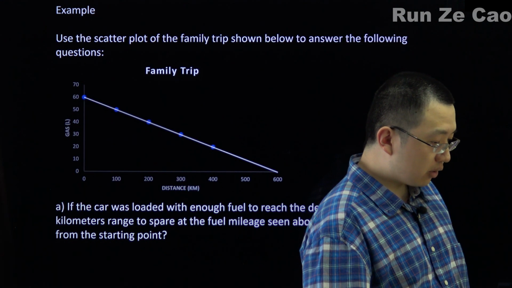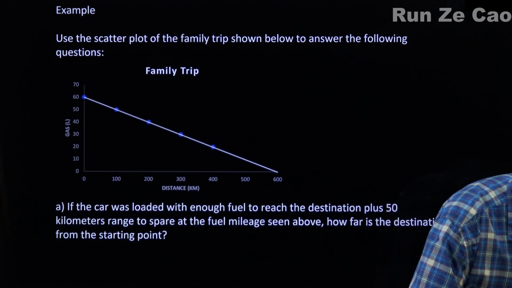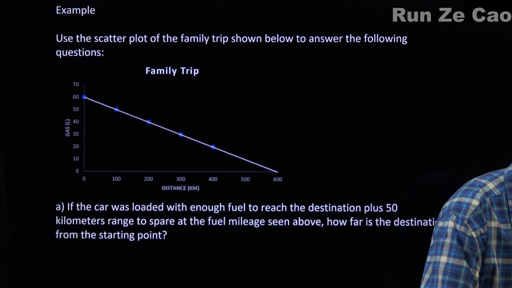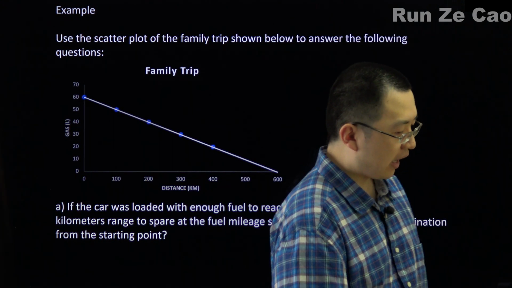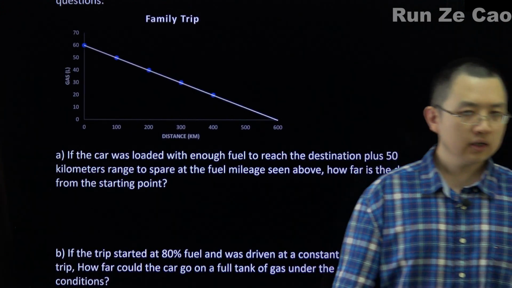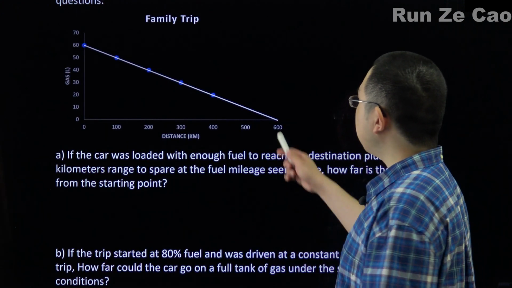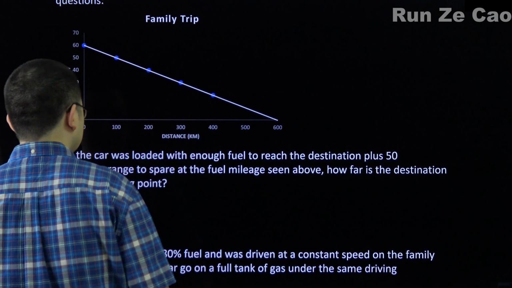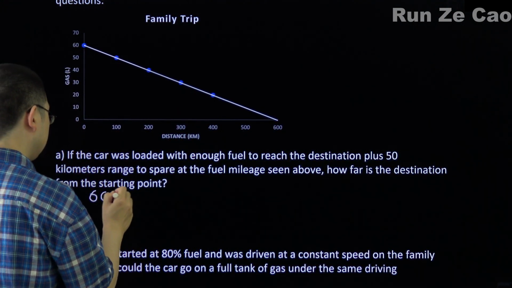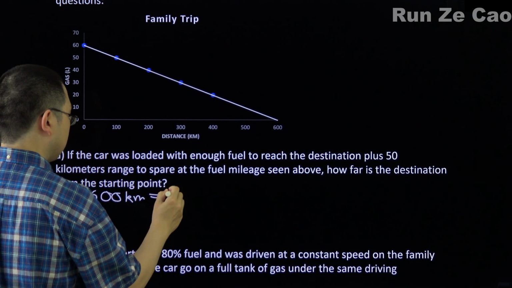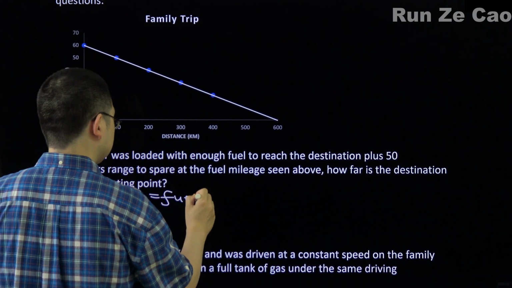If the car was loaded with enough fuel to reach the destination plus 50 kilometers range to spare at the fuel mileage seen above, how far is the destination from the starting point? Okay, so if we want to completely run out of gas, 600 km equals fuel exhausted.